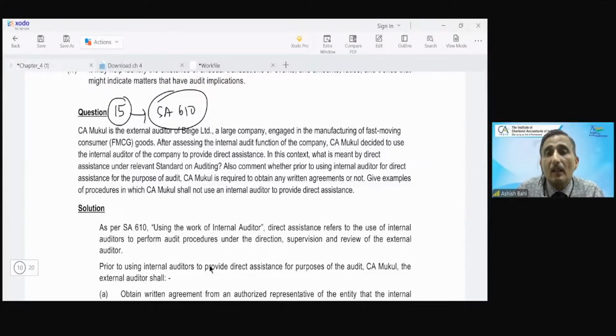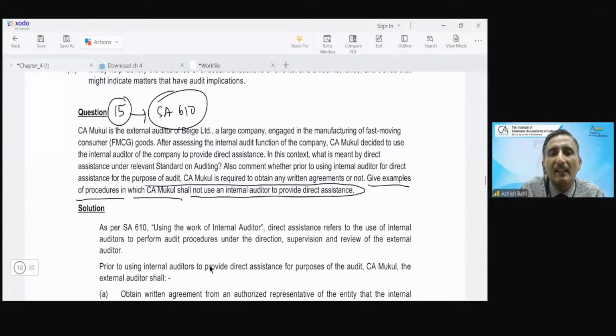And there is another part being asked in the question, which is to give examples of procedures in which CA Mukul shall not use an internal auditor to provide direct assistance.